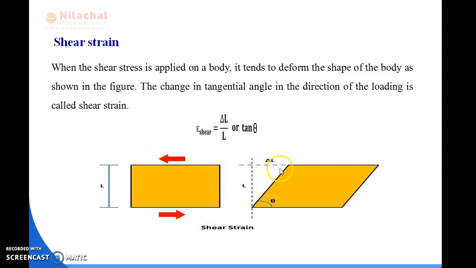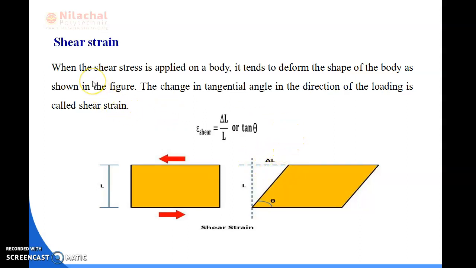Hence the body is deformed like this. It makes an angle with respect to the original shape of the body, and that angle is known as theta, and the change in length is known as delta L. We use delta for change.